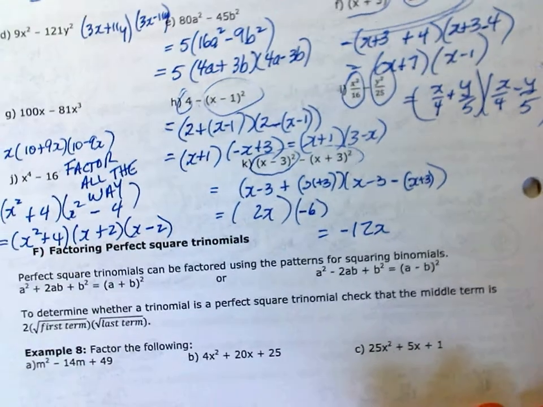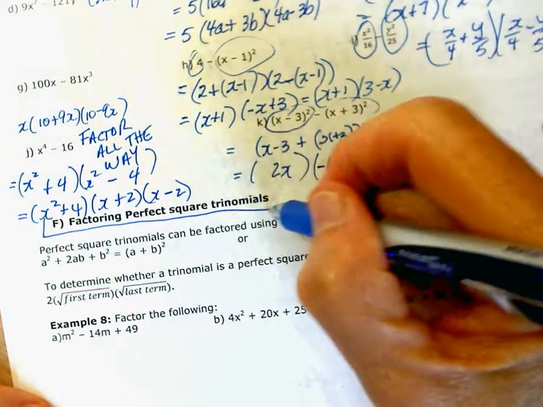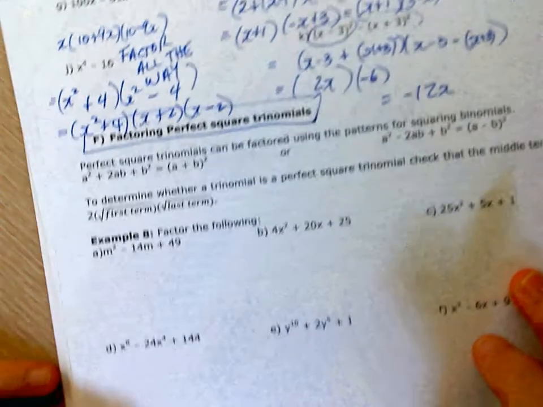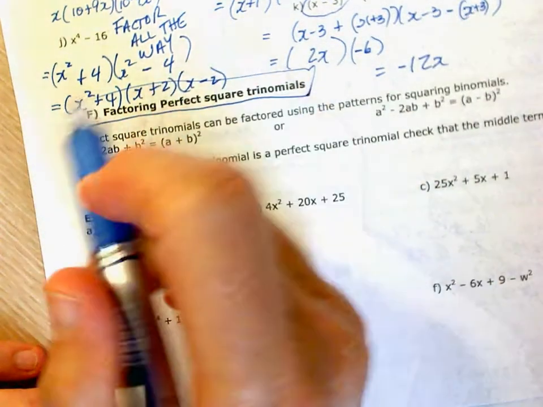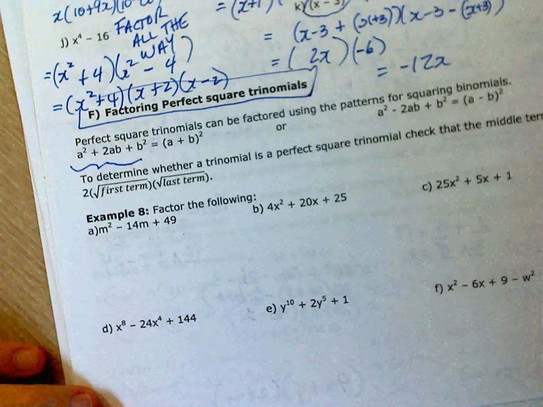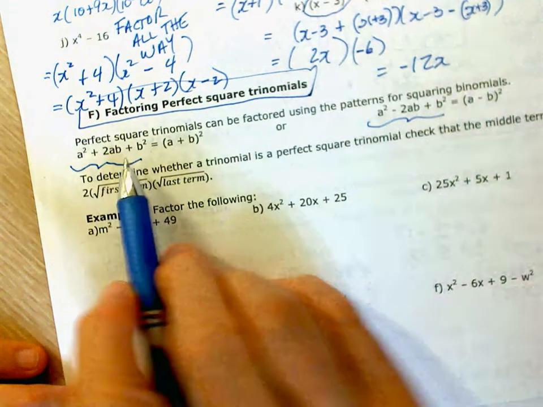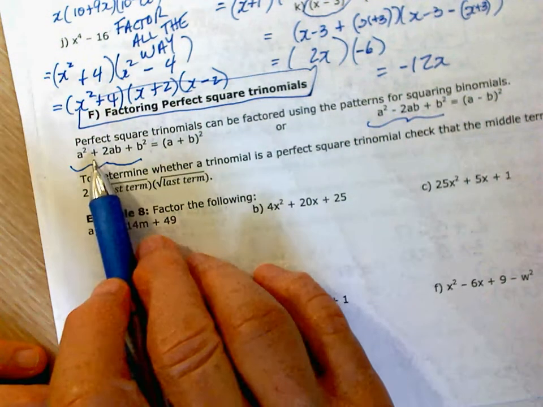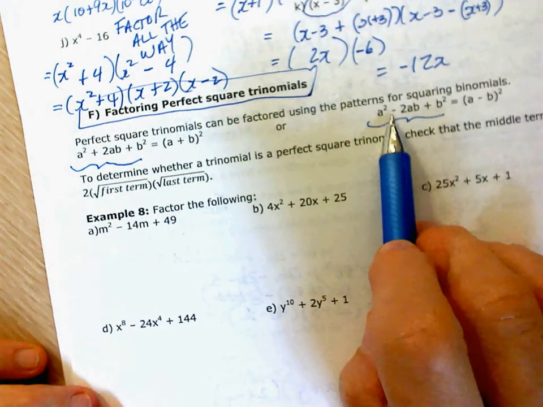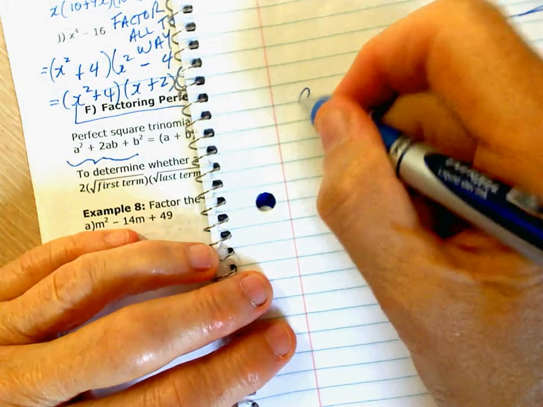Okay, now let's do factoring perfect square trinomials. Perfect square trinomials have this form, right? This one is identical to this one, except that has a plus 2ab, this has a minus 2ab. So notice what happens if I have a plus b squared.